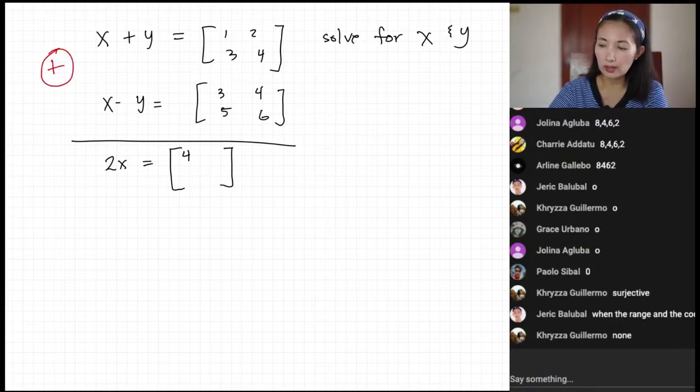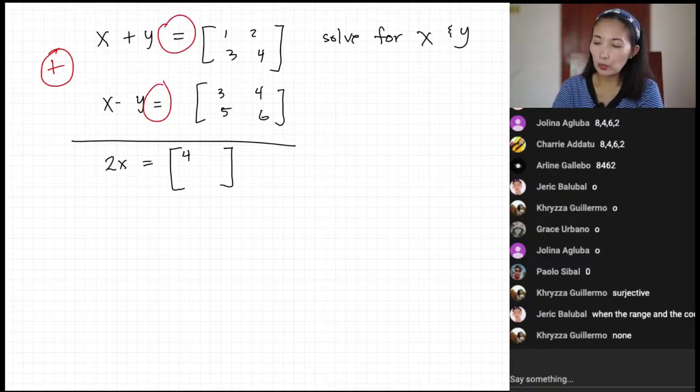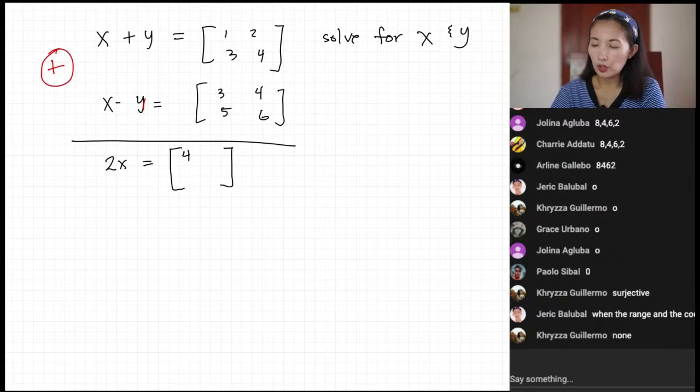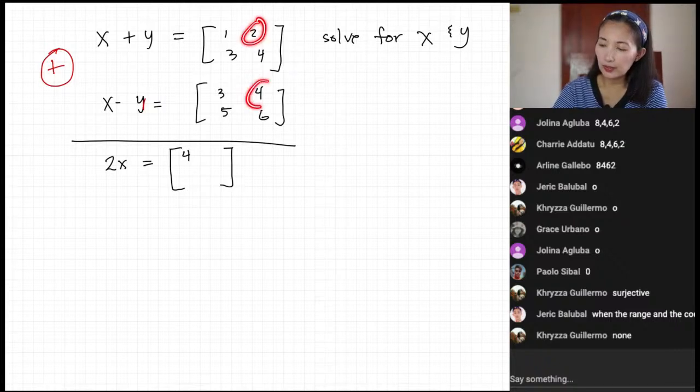Okay, we're dealing with equations here. Equal sign, equal sign. So we can use the addition property of equality. Add the two, you will end up with 2 plus 4, that gives 6.